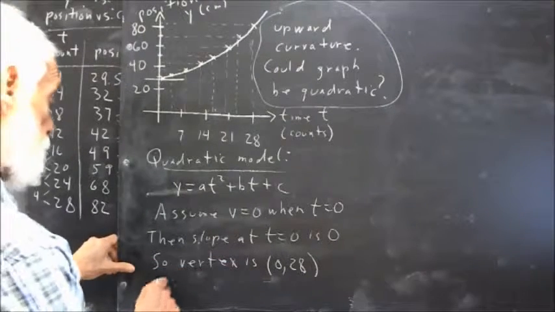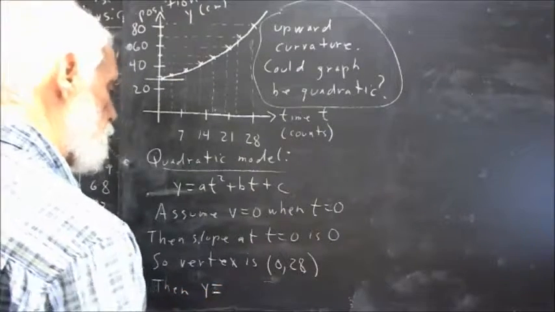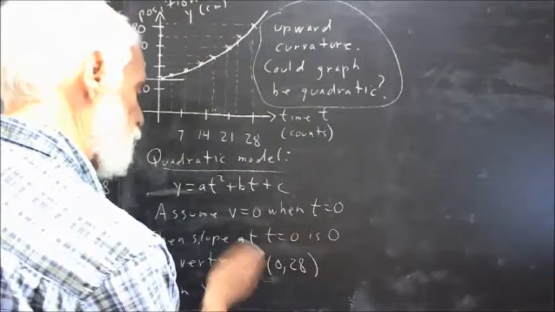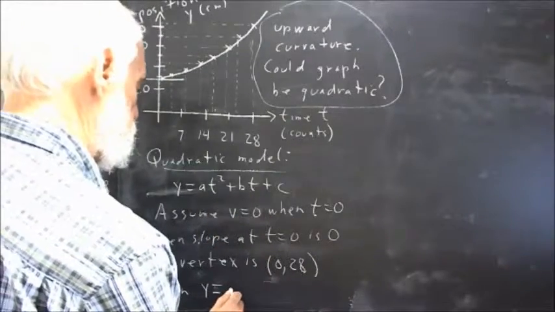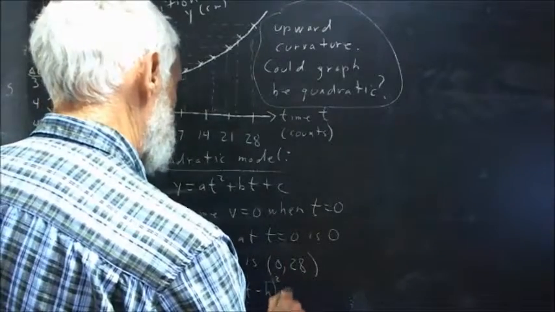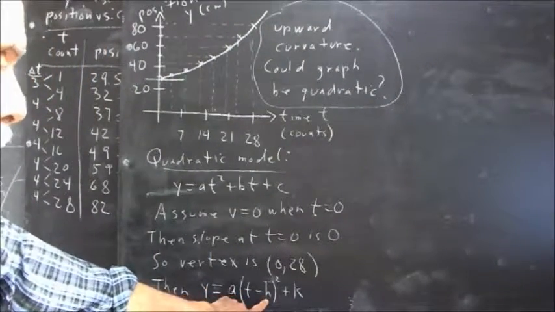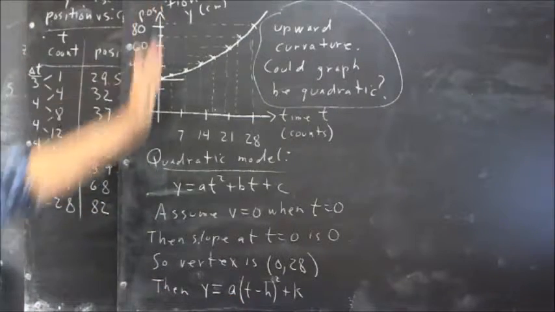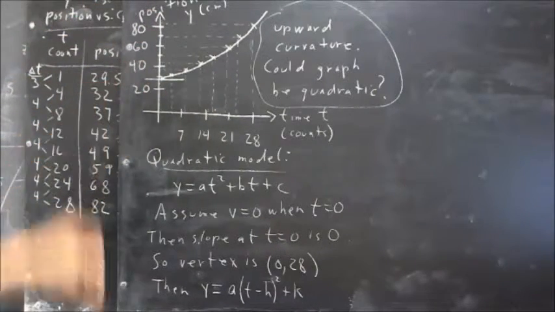Then the graph, we know that y will equal, let's put the equation in the form a times (t minus h) squared plus k. And this tells us that h is 0, because if the axis of symmetry is on the y-axis, then we haven't shifted the graph right or left.